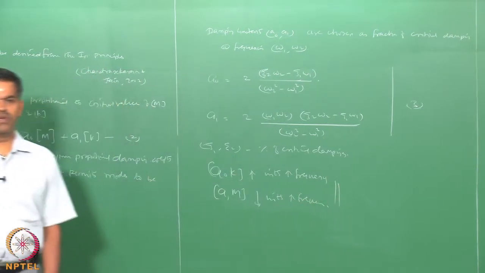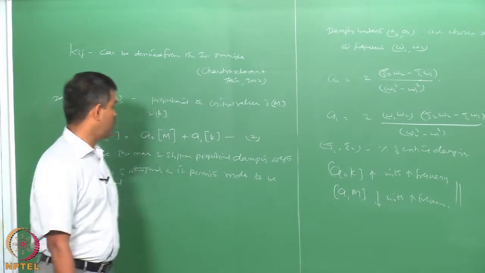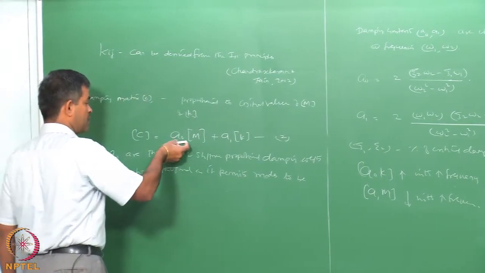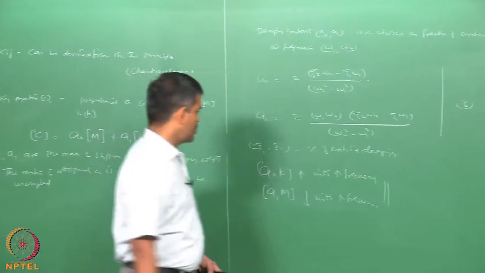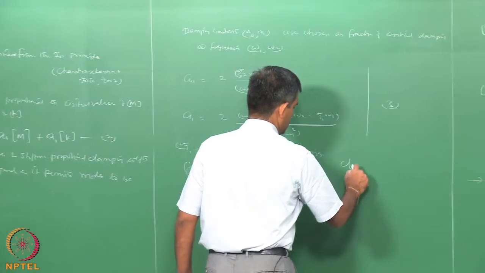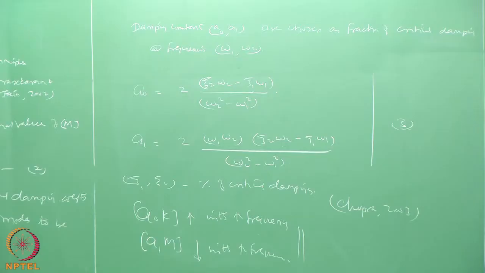Okay. So, accordingly one has got to calculate the values of A0 and A1, so that when you substitute here as A0 m and A1 k, they are compromised. Okay. So, this was of course referred from Chopra 2003.